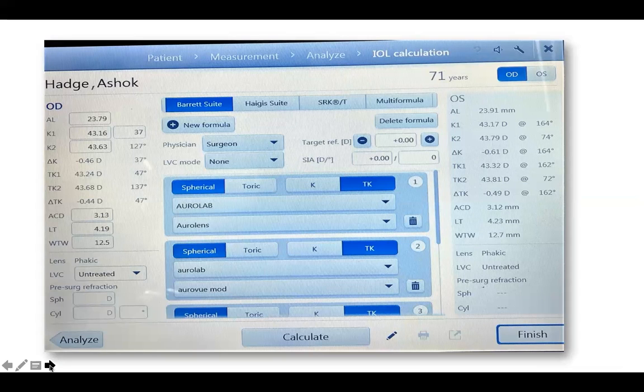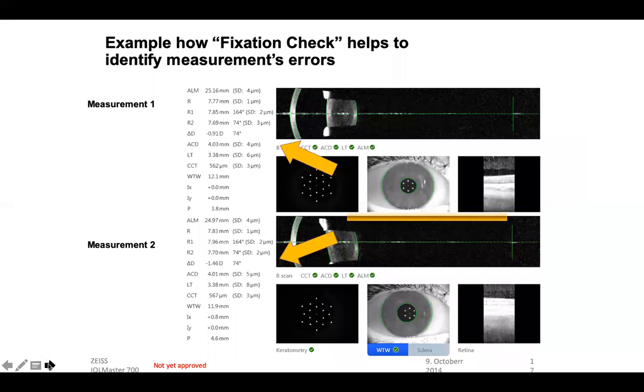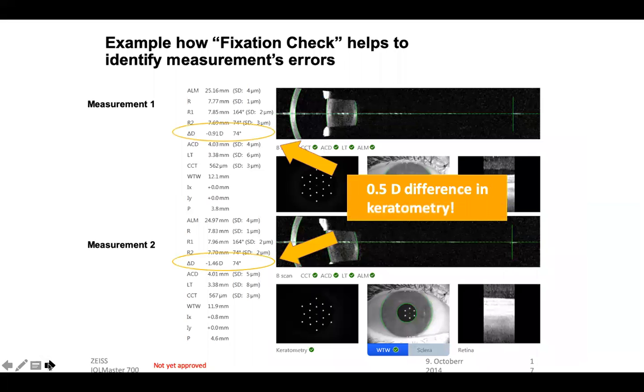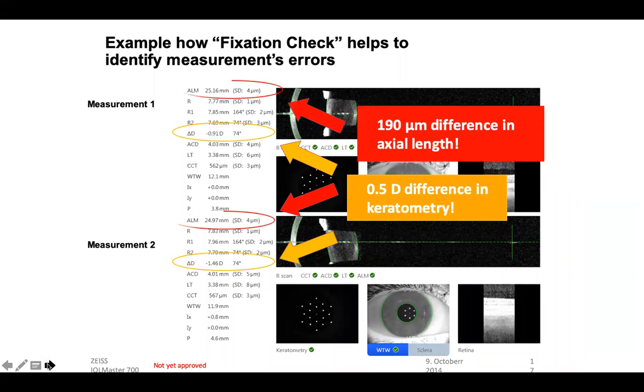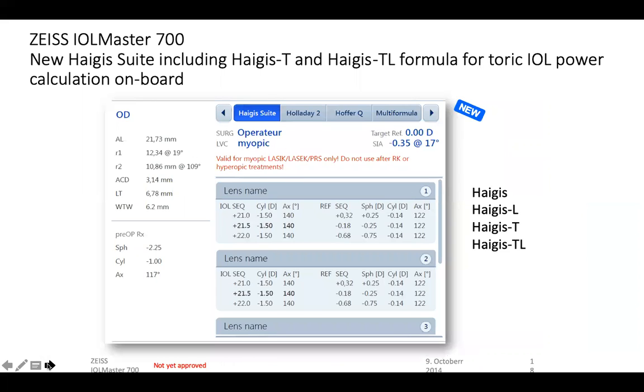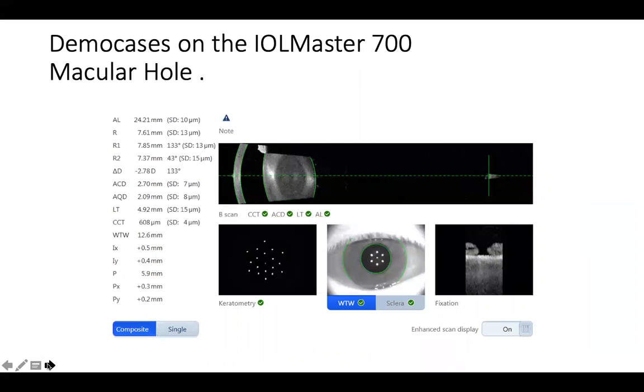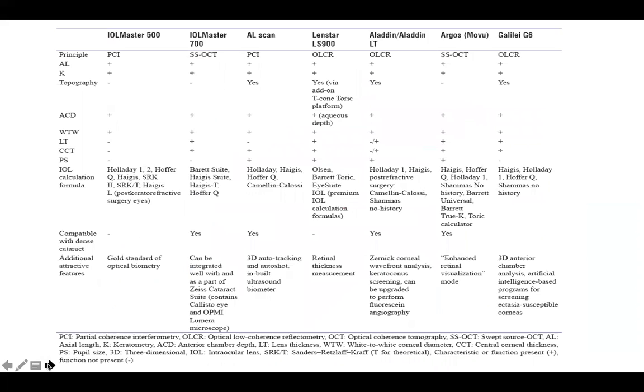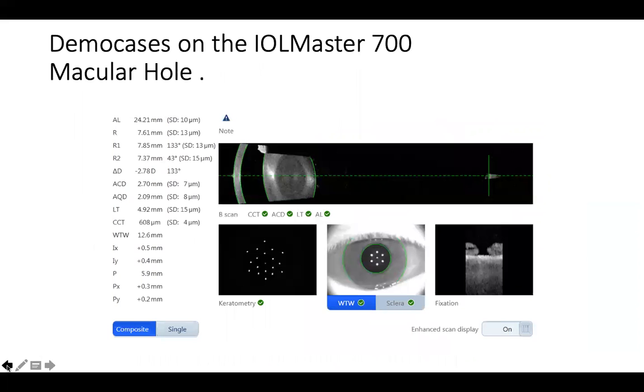So this is where it gives us the recent IOL formulas that are currently in use, right from the Barrett suite to the Hill suite and the other formulas. Next slide, sir.